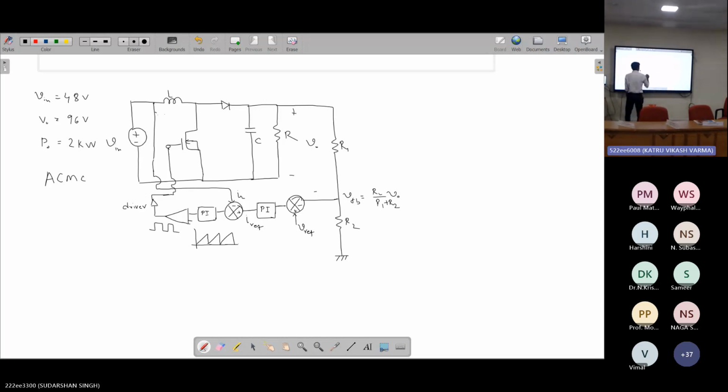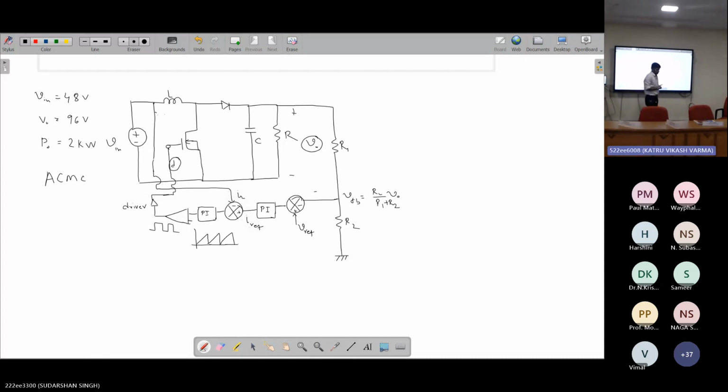Now, what transfer function? I think all of you know that ultimately this D is your control input, and this is the output you want to control. Now this D is basically generated from IL, and the I reference is generated from the outer loop.